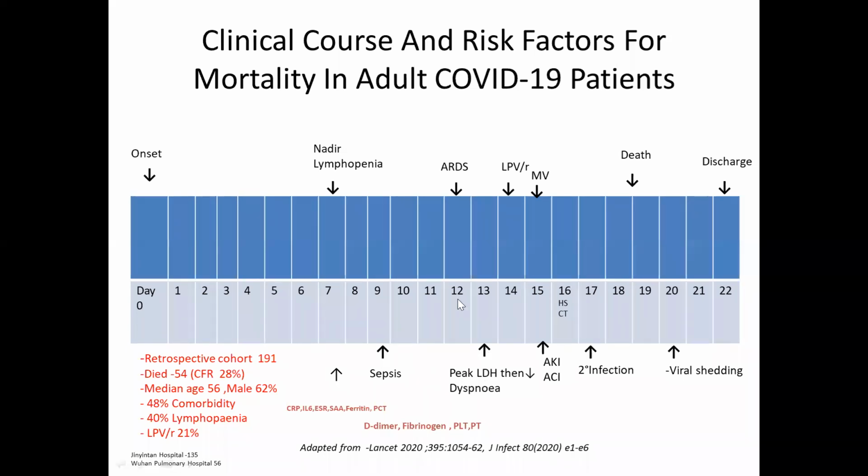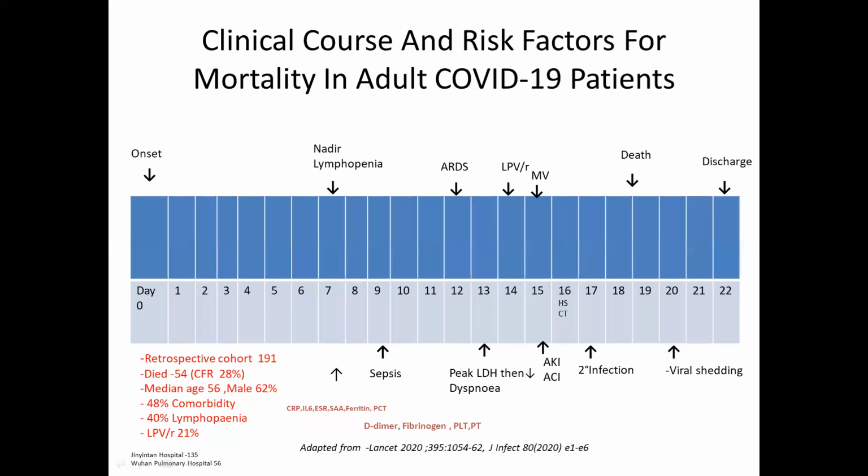At day 12, patients had intense pulmonary symptoms and ended up with ARDS, and LDH was markedly elevated in these patients who had significant heart disease. And later on, day 15, acute kidney injury and acute cardiac injury were found in some of the patients who had pathology.